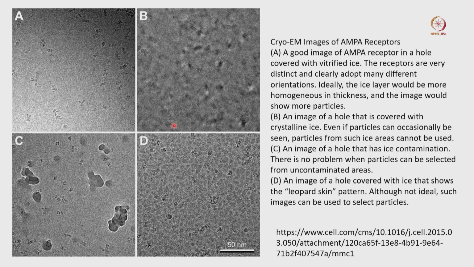So far we have discussed different types of images and some bad holes, even at low magnification. If the squares are broken or there is a crack between the squares, you can plan to discard those images completely.